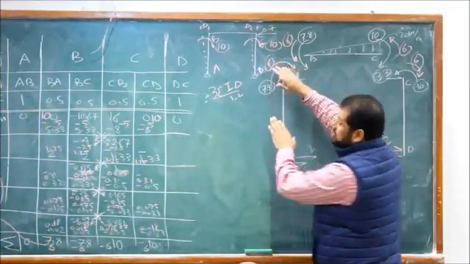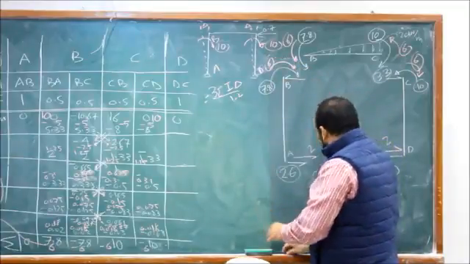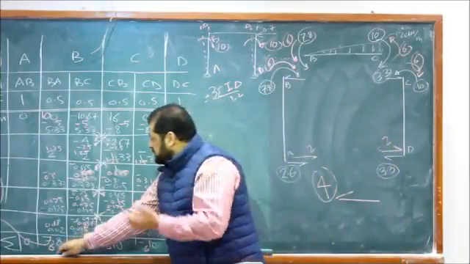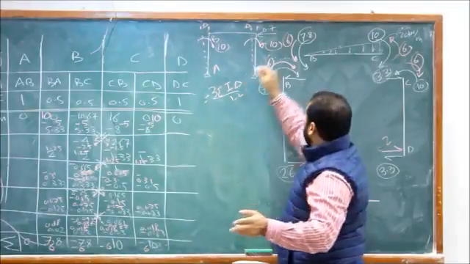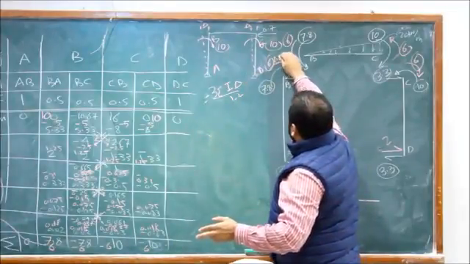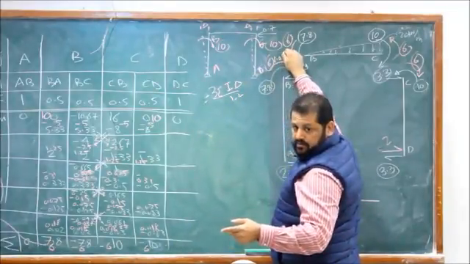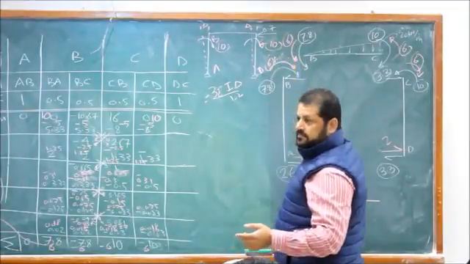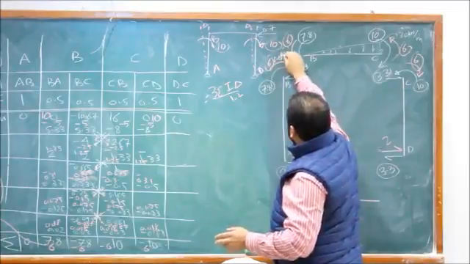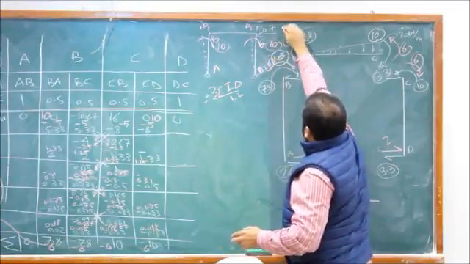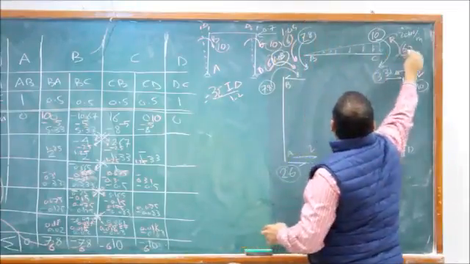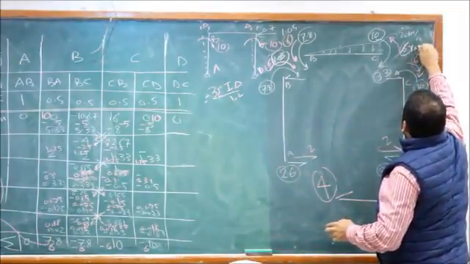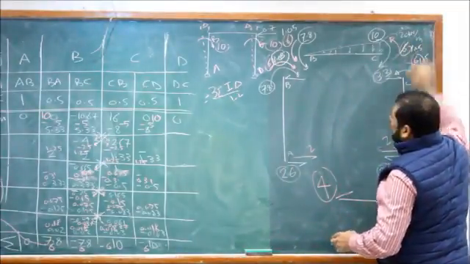The correct one for the 0.7 is 1.05. Take it here. Check here. 1.05.